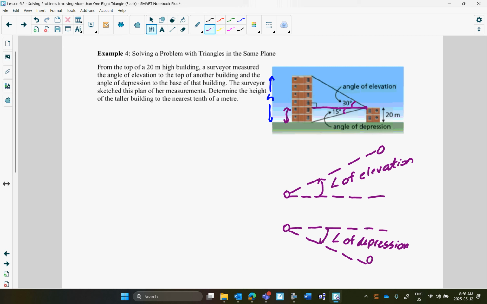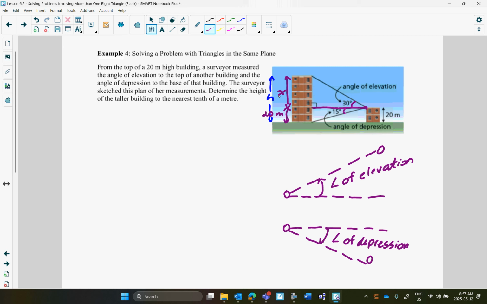How much is that? That's 20. But it's this I don't know, so I'm going to call it X. I need to figure out what X is, add it to 20, and then I've got the height of the taller building.